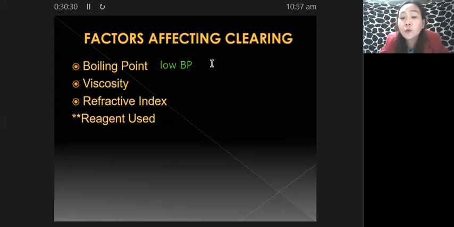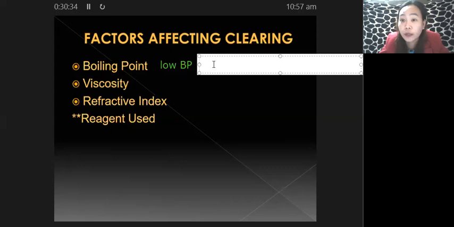There is actually an exception to this particular rule. Kasi ang rule natin dito is, the lower the boiling point, the more readily replaced by your paraffin, or by whatever medium you're going to use later on.